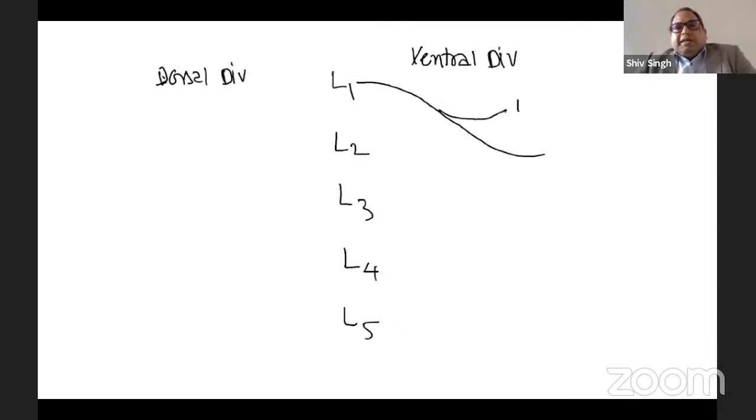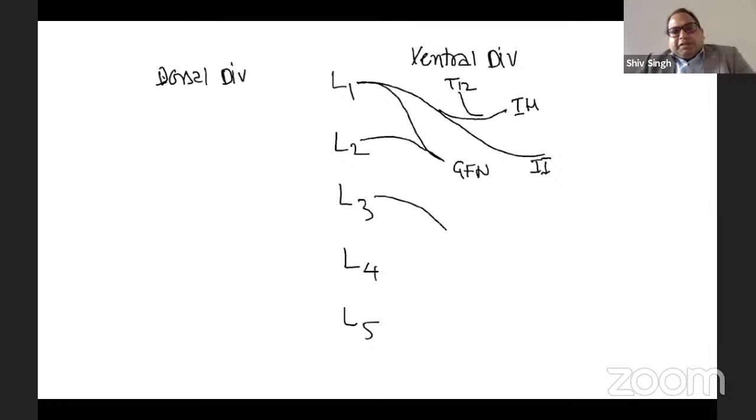L1 also participates in the lumbar plexus and gives rise to the iliohypogastric nerve. The iliohypogastric nerve gets a branch from T12 as well. And L1, L2 also form the genitofemoral nerve, which obviously divides into the genital branch and the femoral branch.